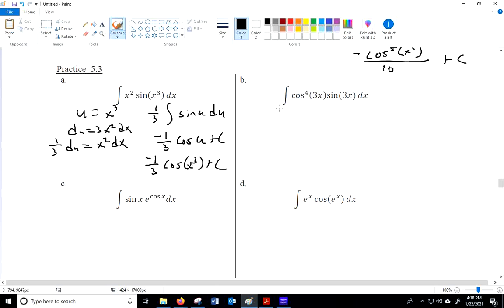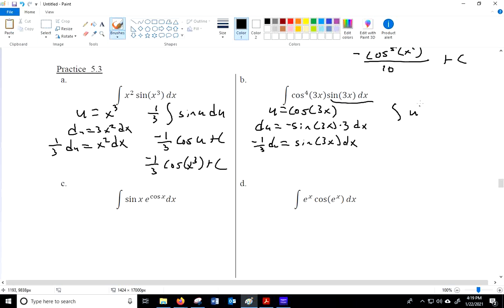All right, we'll try this one now. Let's let u equal cosine of 3x. So then du is a negative sine 3x times 3 dx. So I'll make that a negative 1/3 du equal to sine of 3x dx, which is perfect. So this becomes the integral of u to the 4th.